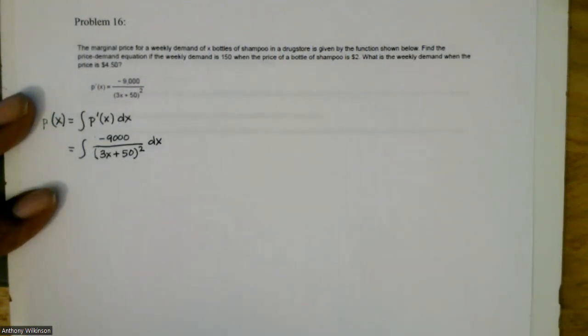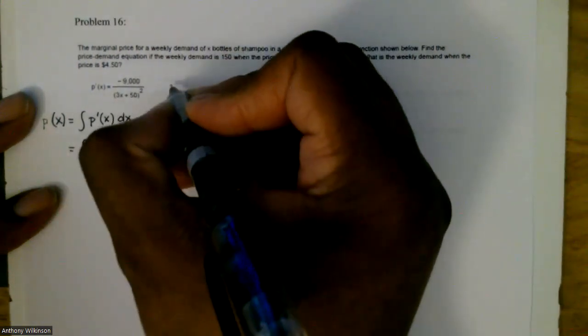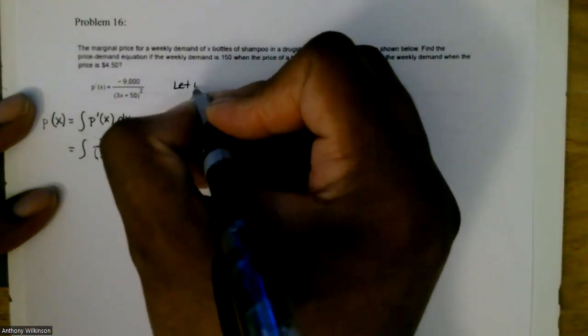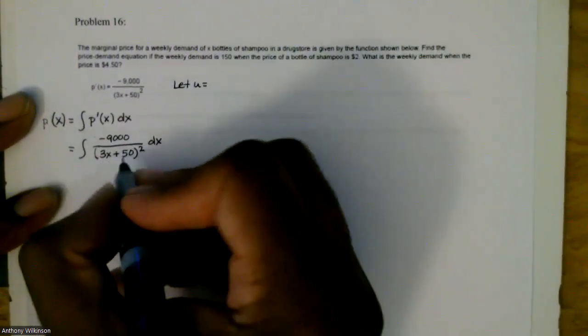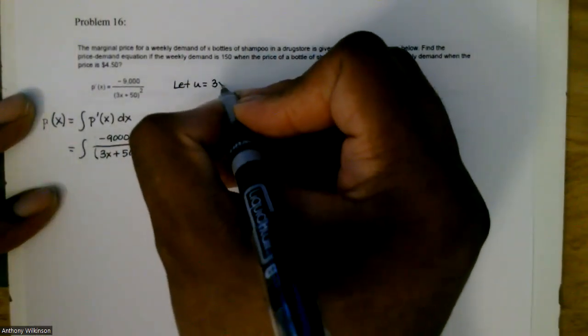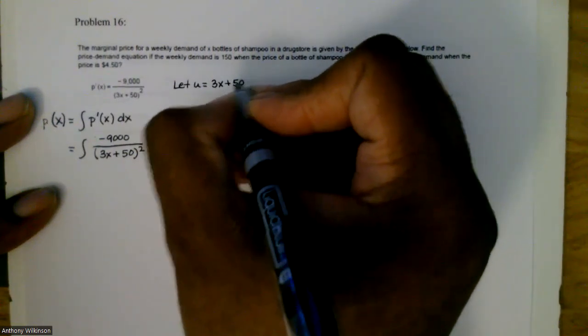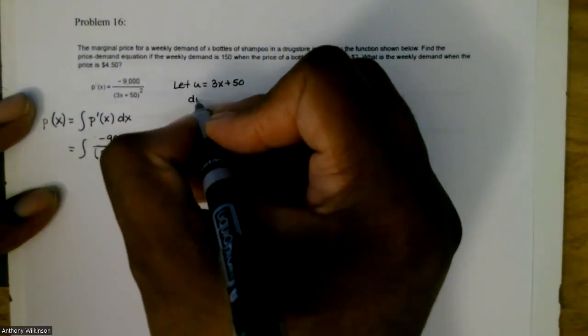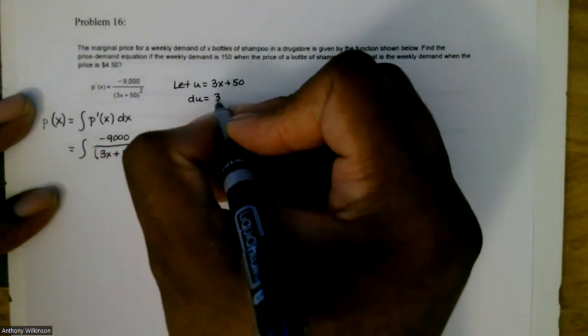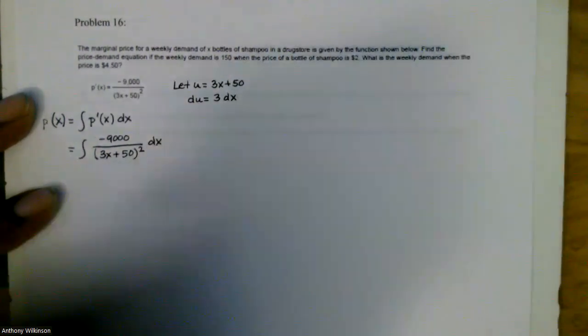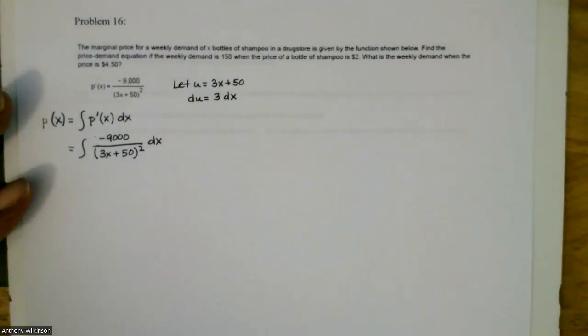So here we're going to need to use an appropriate u substitution. In this case, I'm going to let u equal what's inside the parentheses, that 3x plus 50. And then du would just be 3 dx. The derivative of 3x is 3.